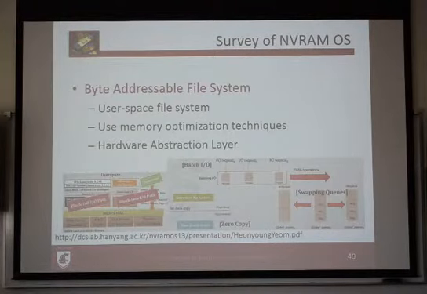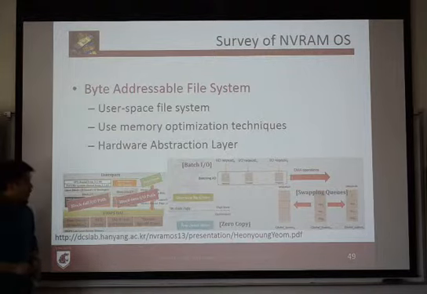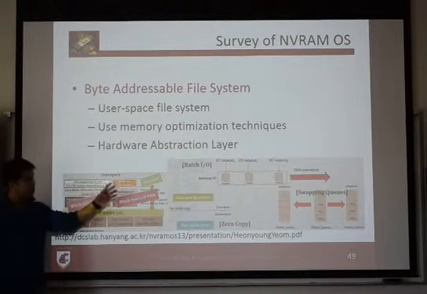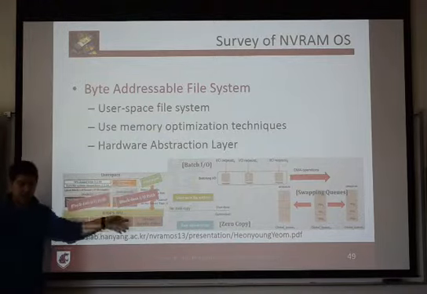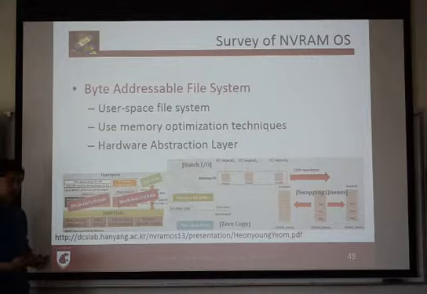So here's another file system, and some people from Korea, I forgot what school they were, but they pretty much made a byte addressable file system, which they believe should be in user space instead of kernel space, because if you're putting it in kernel space, you're going to need to do some system calls.